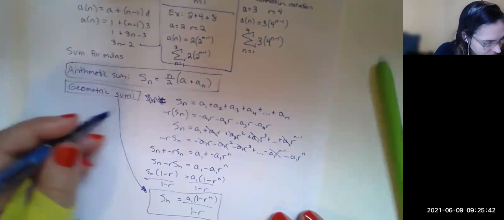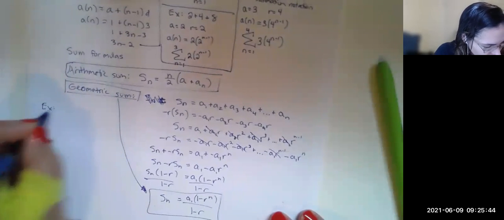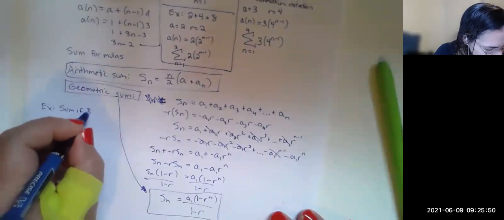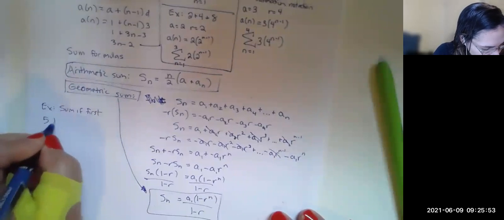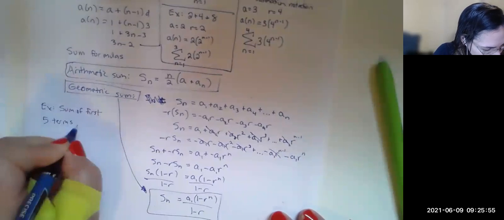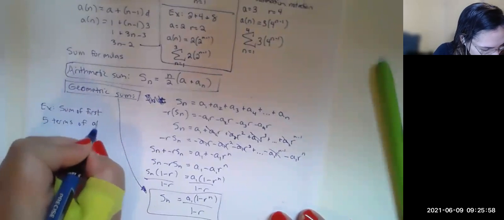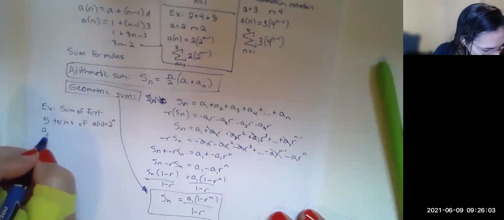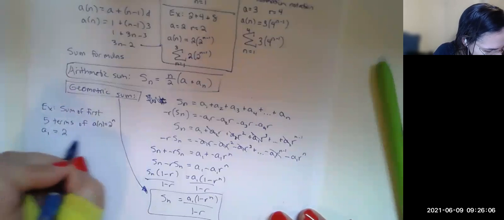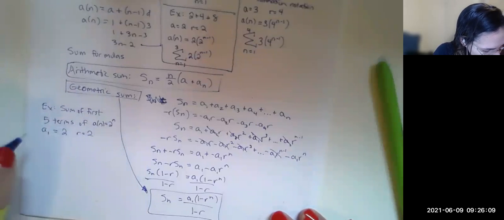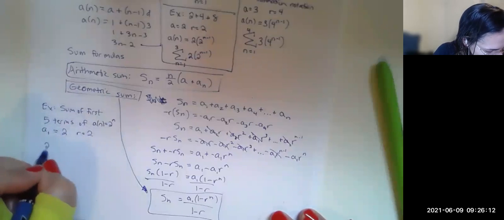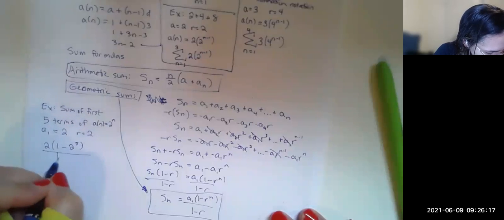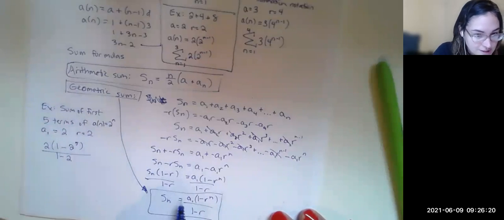All right, so for a geometric sum, for example, what is the sum of the first 5 terms of a of n equals 2 to the n? Your first term, your a1, is going to be 2. Your r is also 2. So you can substitute this into the formula. You're going to have 2 times 1 minus 2 to the 5th, over 1 minus 2. You're just plugging these numbers into the formula.